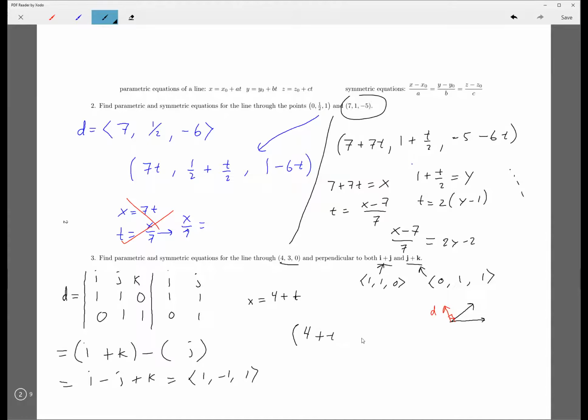So that's 4 plus t. And then the second one's going to be 3 minus t. The third one's going to be 0 plus t. Probably don't put the 0 there. Okay, so let's put that answer in: 4 plus t, comma, 3 minus t, comma, t. Let's see if it accepts that.